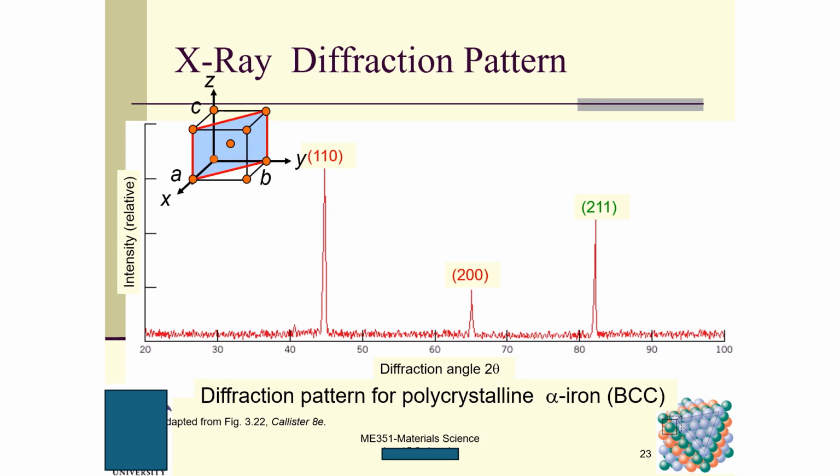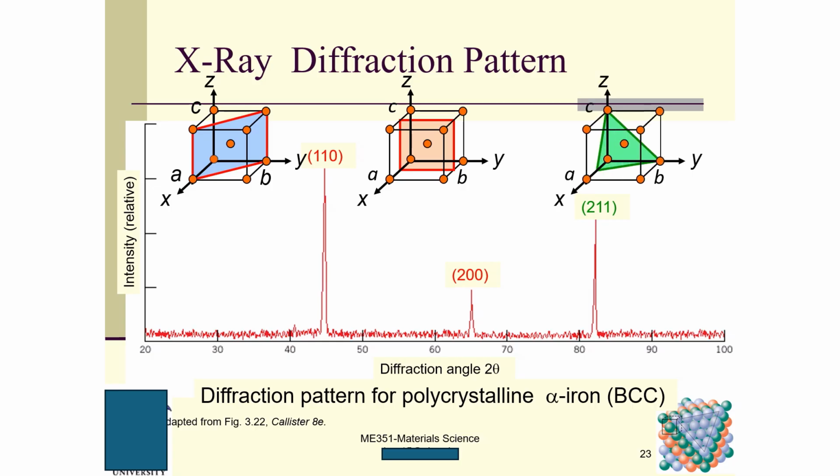So this stands for the 110 plane. This one is a 200. This plane is parallel to YZ and only perpendicularly intercepts the X axis. And 211 is an oblique plane.